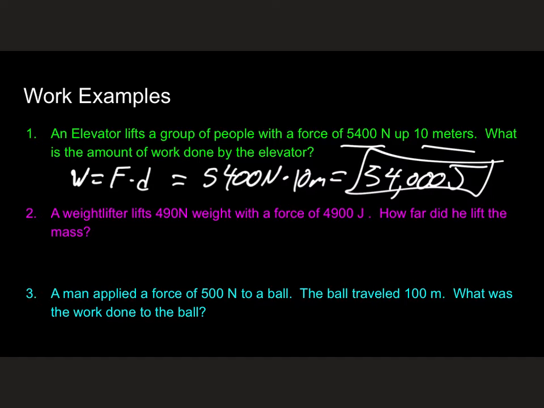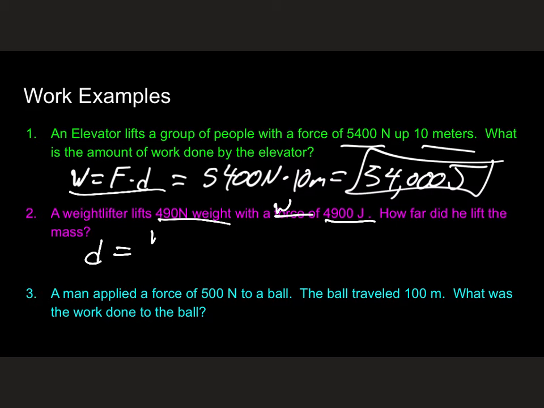So that one was straightforward, but this next one's slightly different. We can see that a weightlifter's lifting weights. It has a force of that. He used 4,900 joules. I think this question's wrong. It should say work there, right? Work. How far did he lift the mass? Well, now we just need to rearrange that formula that we had right up there. We can do it for distance.